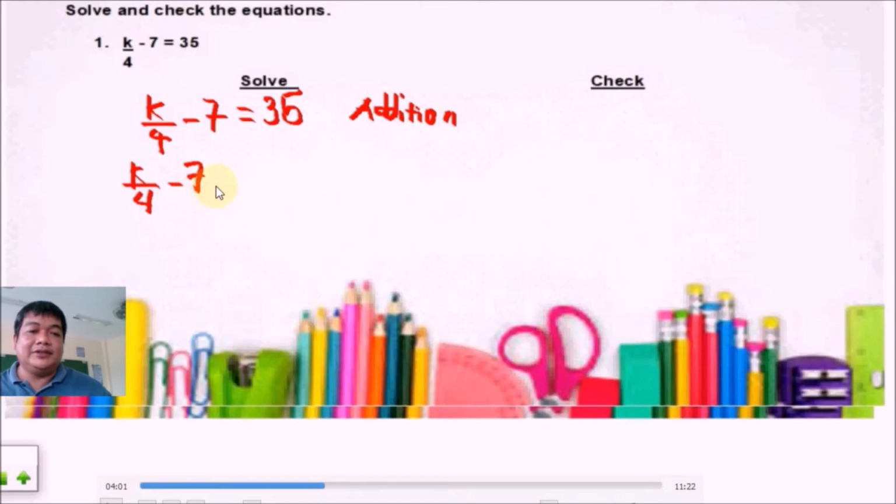So we're going to add 7. If we add 7 on this side, we also add 7 to the other side. So 35 plus 7. So add 7 here. So we have here negative 7 plus positive 7.